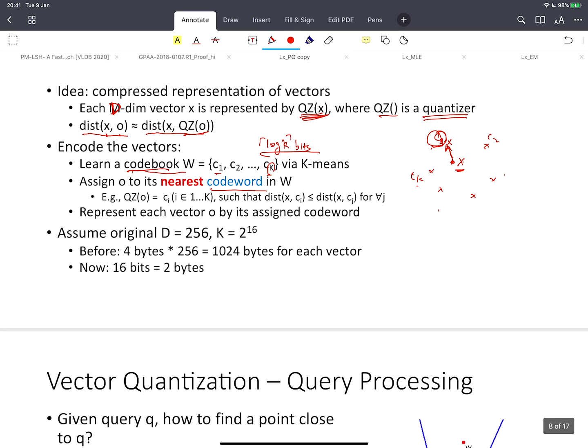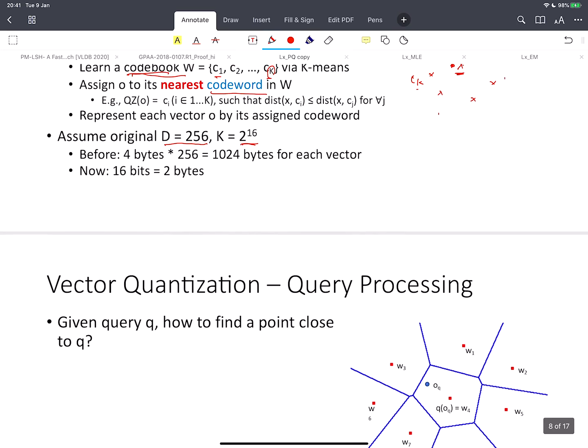So for example, the original dimension is 256 dimensions, and if we use 2 to the power of 16 centers, or you use 2 to the power of 16 code words, then we can look at what will be the initial size, and also the size after the mapping.